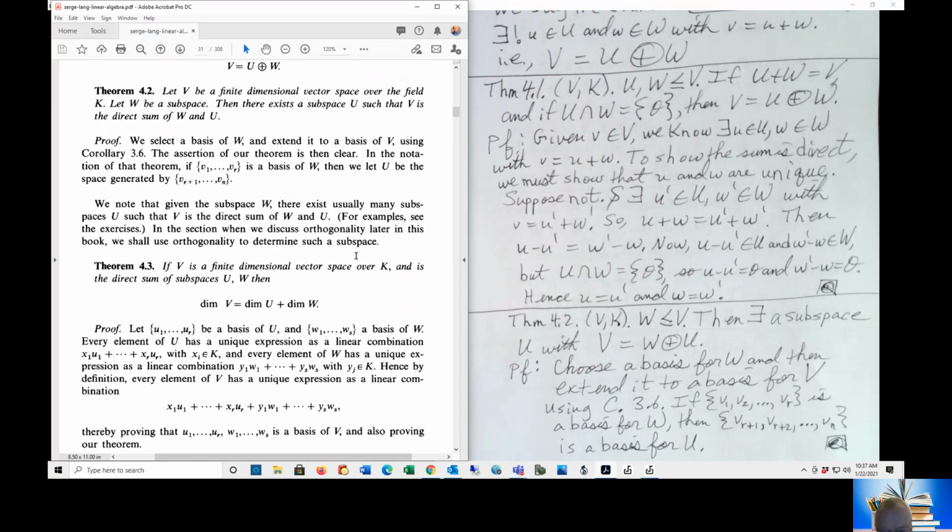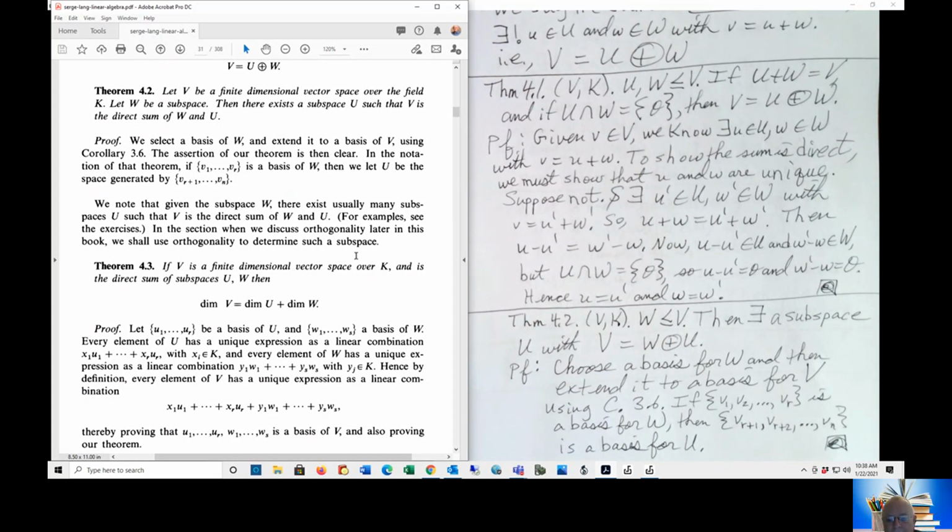Generally speaking, there exist many subspaces U so that V is the direct sum of W and U, and it depends upon the basis that we choose for both V and W. Later on in the course, when we discuss orthogonality and perpendicular subspaces, we will have a procedure for determining a particular subspace U in the context of what we call orthogonal complements.